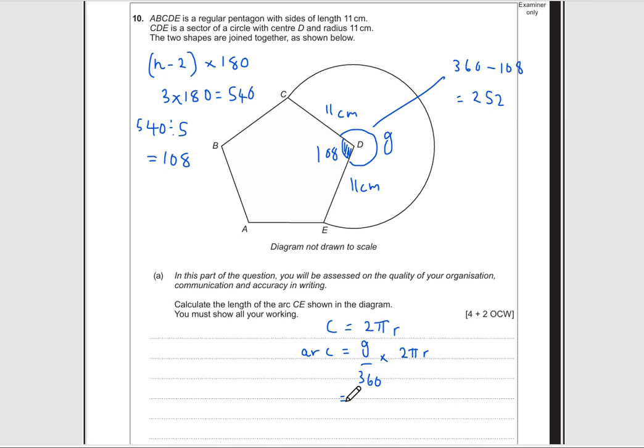It's going to be equal to 252 over 360 times 2 times pi times 11, which is the radius, which is going to give us 48.4 centimetres.